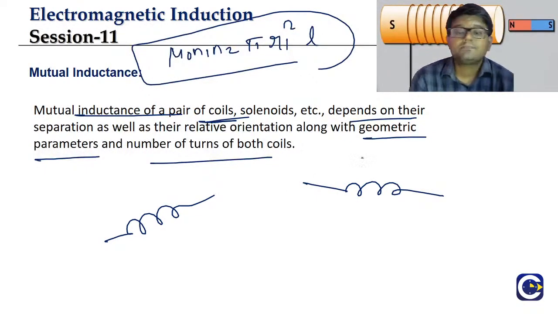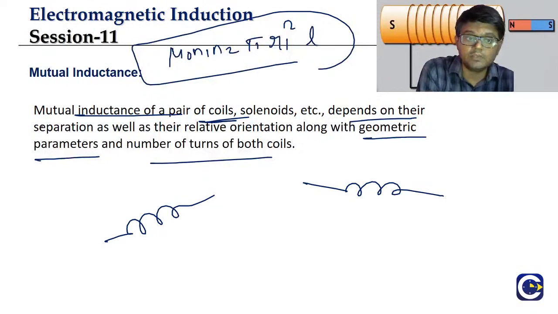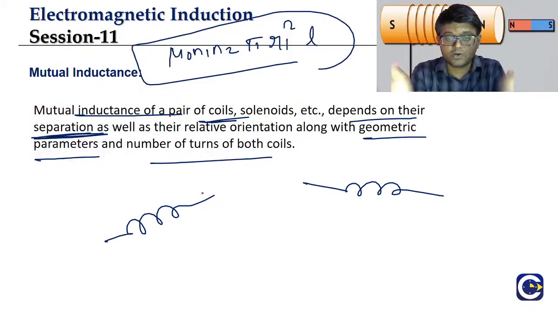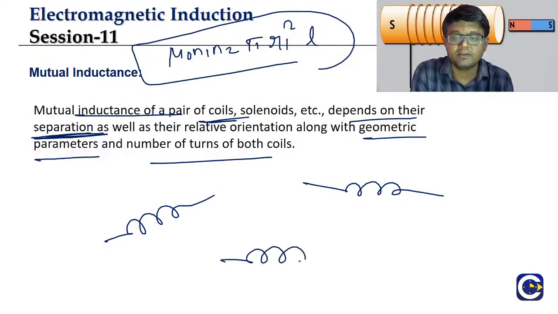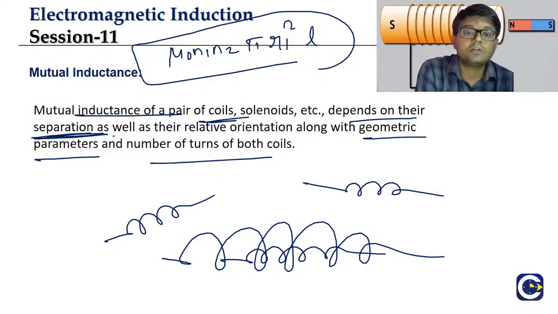Apart from that, in the general situation, the mutual inductance of two coils depends upon the separation between the coils. In the previous case, we had a very particular example where the coils were coaxial.